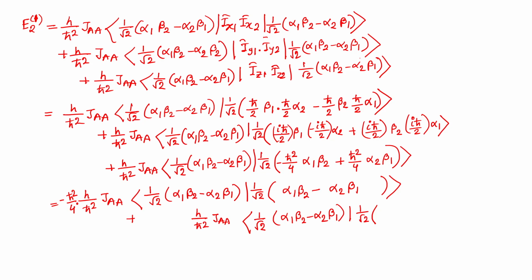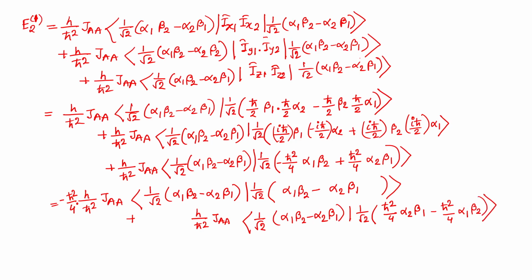So iħ by 2 multiplied by minus iħ by 2, minus i square, which is plus 1, so it is ħ square by 4 alpha 2 beta 1, and this part would be minus ħ square by 4 alpha 1 beta 2.